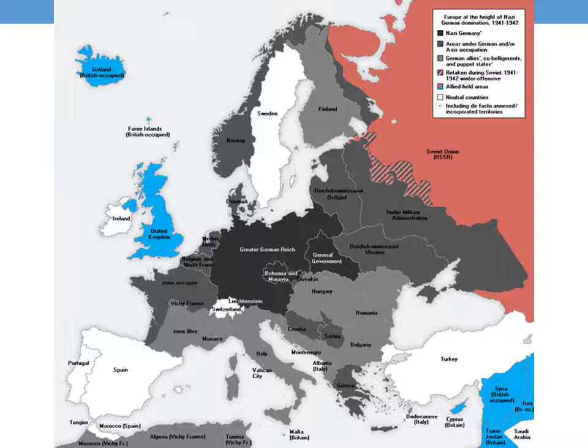Essentially, the vast majority of Europe was either allied with Germany or occupied by Germany. And keep in mind that the Soviet Union also had that German non-aggression pact. So essentially, the United Kingdom was alone, with the exception of the governments in exile of the fallen European countries.